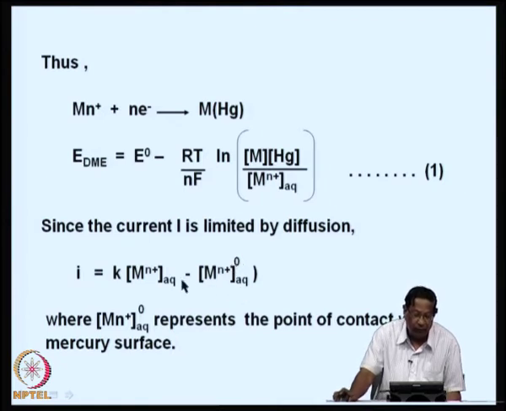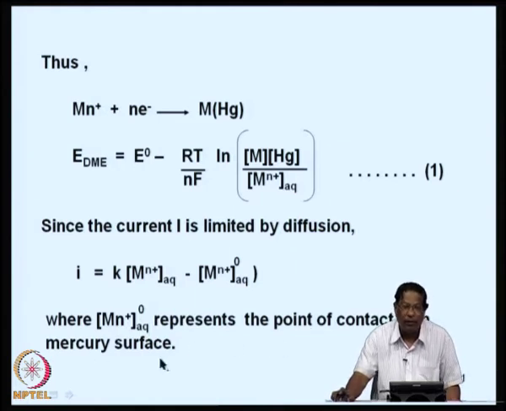That means this is at the electrode. So, the current is the proportionality constant multiplied by the difference between these two, where M^n+_0 aqueous represents the point of contact with the mercury surface.